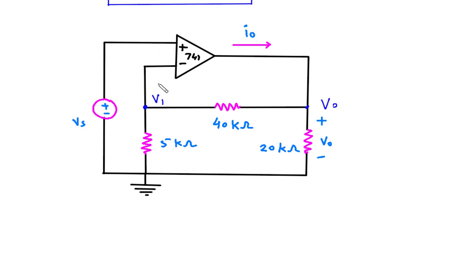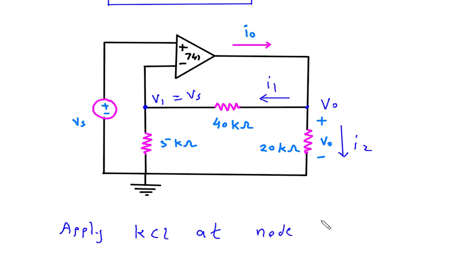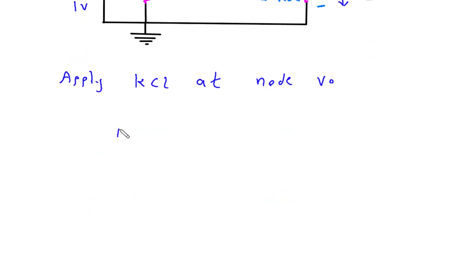Now V1 will be equal to VS. Let's say this is current I1 and this is current I2. So apply KCL at node VO. VS is equal to 1 volt. We have to find the value of this IO. So IO is equal to I1 plus I2.